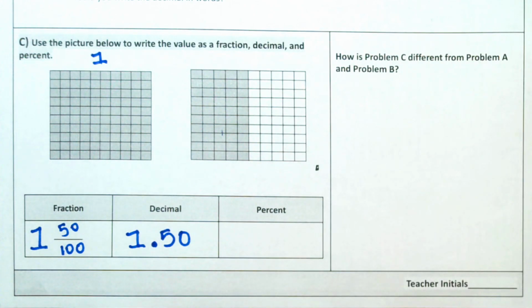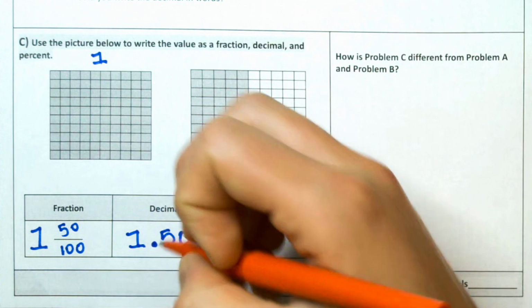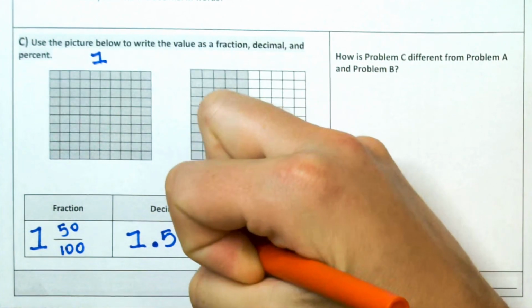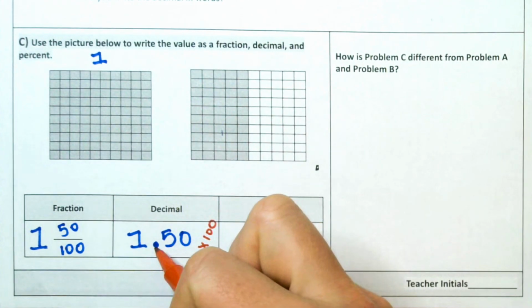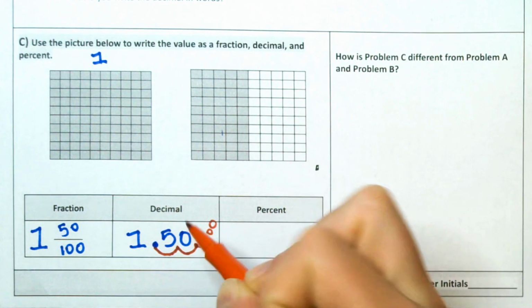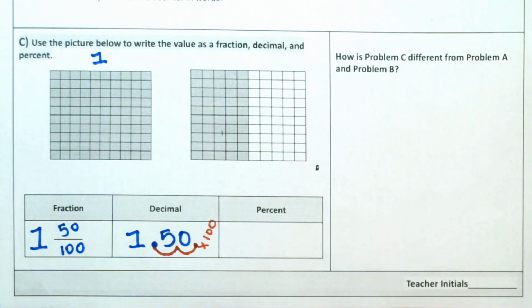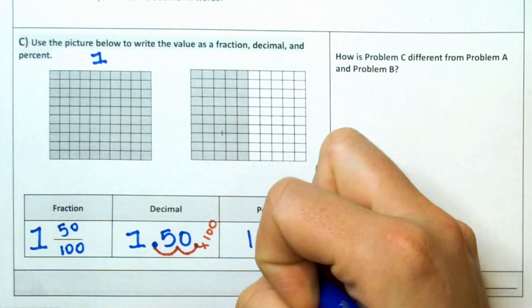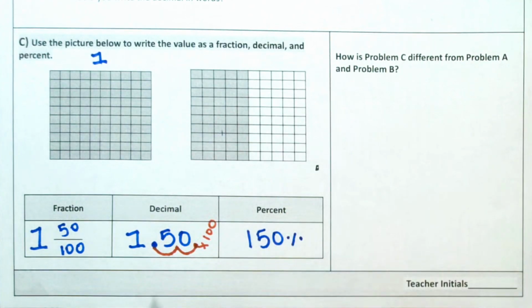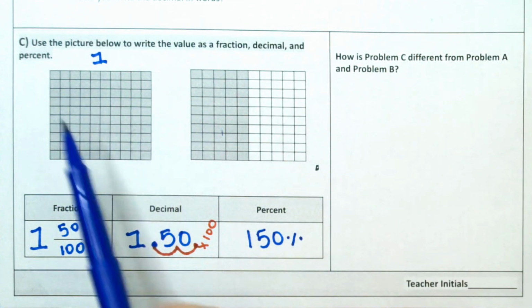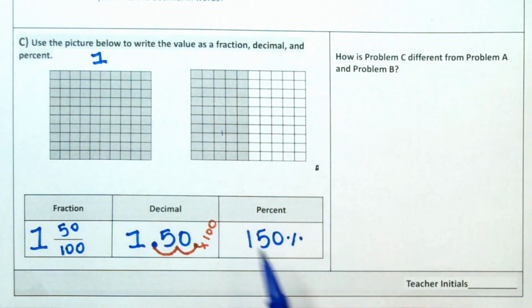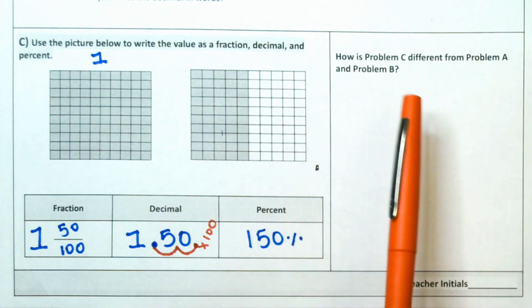And then as a percent, we can either multiply 1.50 times 100 or just simply move our decimal 2 spaces to the right and we get 150%. So whenever we have more than one whole, then the percent is going to be more than 100%. Pause the video and answer this question.